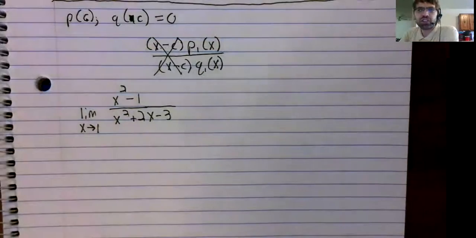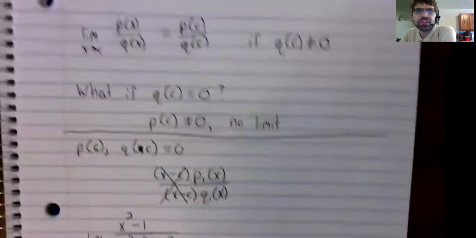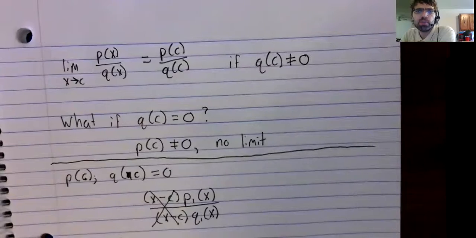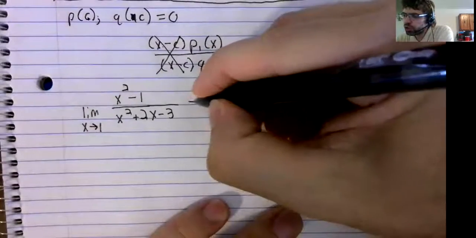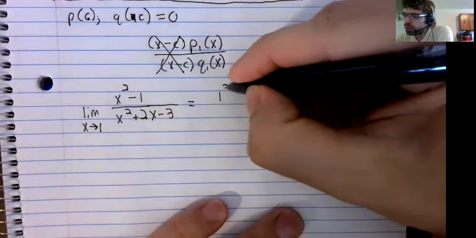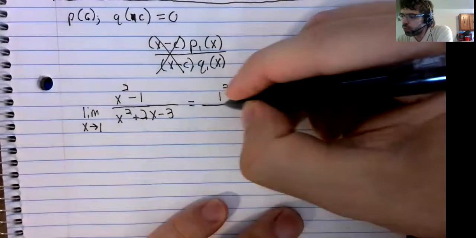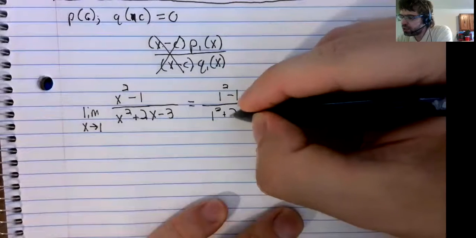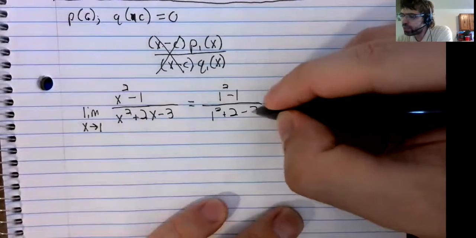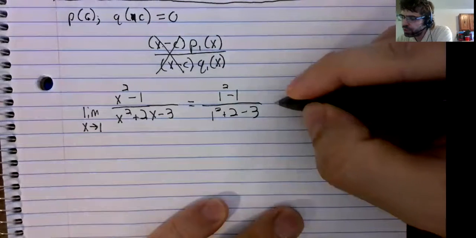This is a rational function, so we have this theorem. The very first thing we should do is just plug 1 in and see what happens.